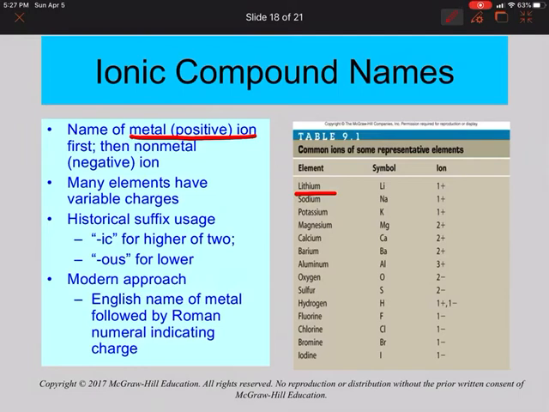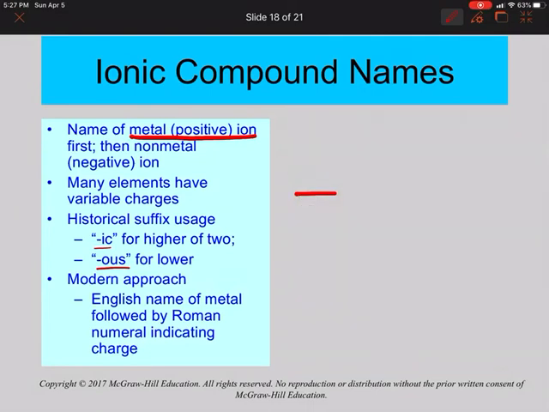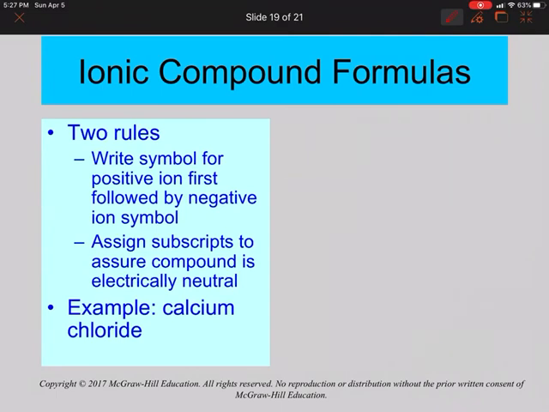And sometimes your suffix, which means that second element, so we have lithium chloride, that was the common rule that they end in "ide." But sometimes they can end in things like "ic" and "us." "Ic" is usually for the higher of two and "us" is for the lower. You don't really have to know which circumstance to use that. You will just have to be able to read it off of a table, and I'll show you that in a minute.